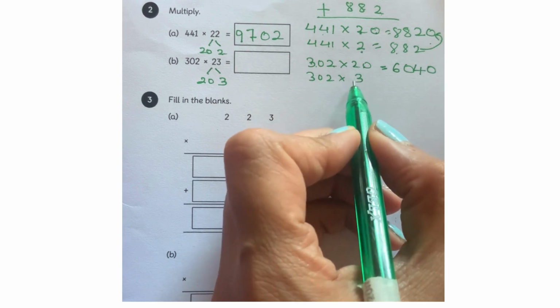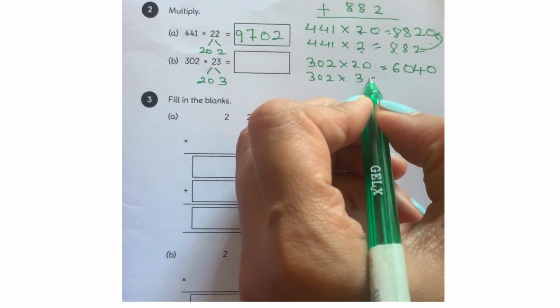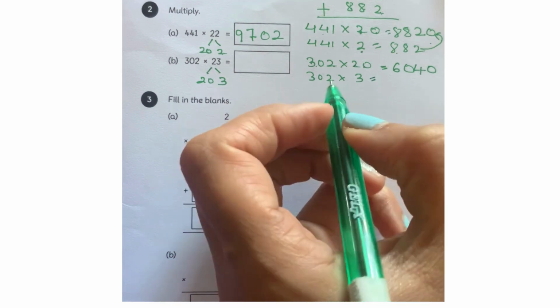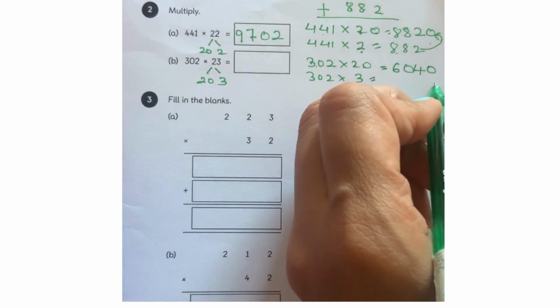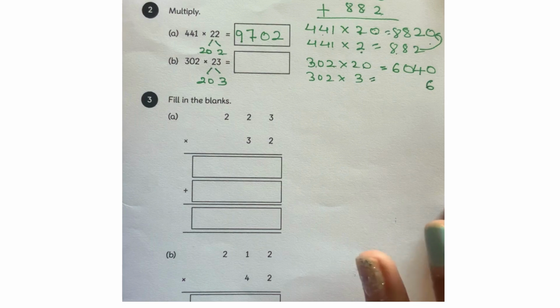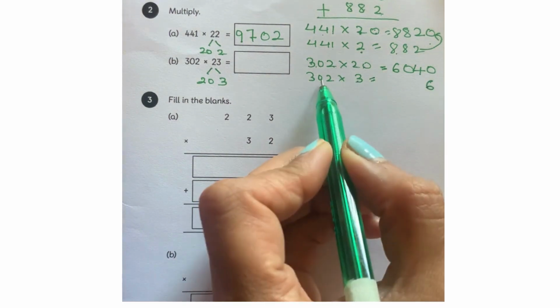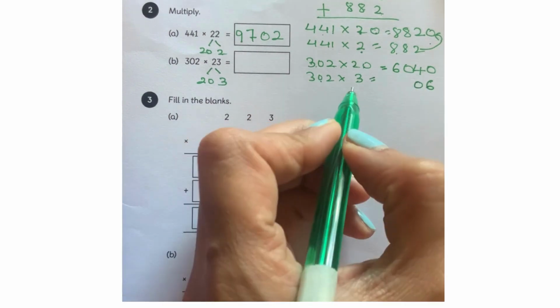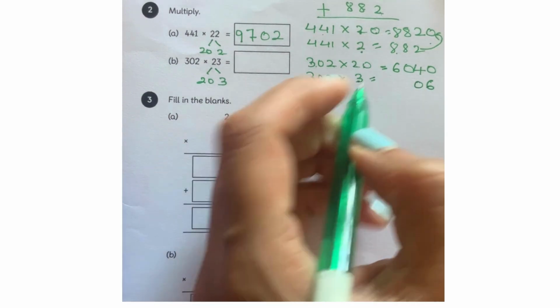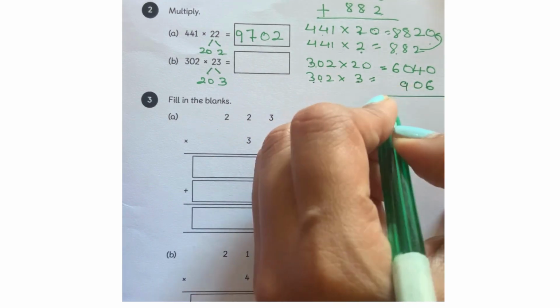Next, 3 times 302. Again, let's solve it mentally. 3 times 2 is 6, and for ease of placing is why I am placing it here. 3 times 0 is 0, and 3 times 3 is 9. Now can I add?